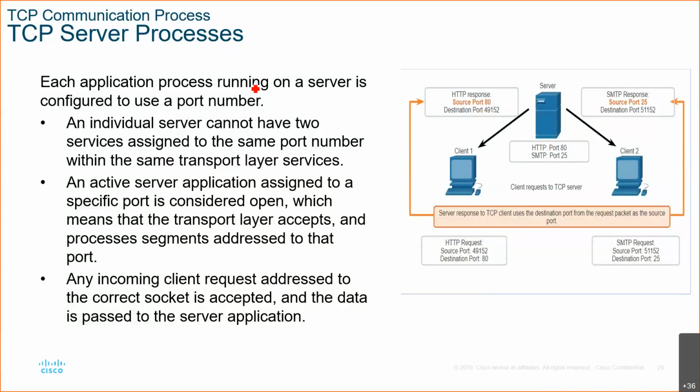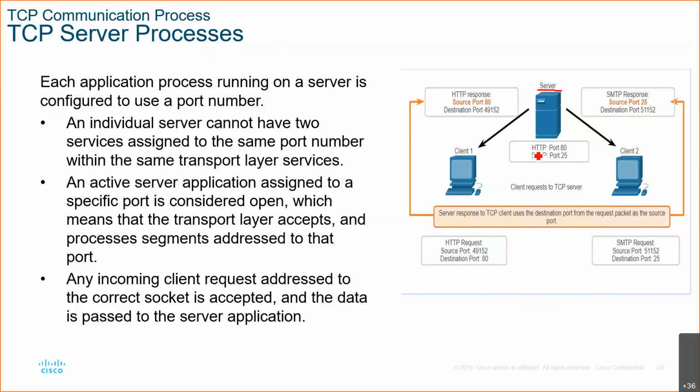First of all, each application process is given a port number associated with it. You cannot have two services with the same port number. It has to be different. That is how this server will ensure that two services are given different ports.